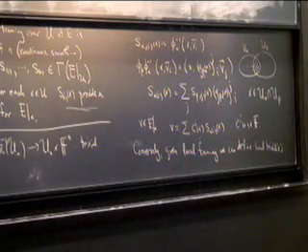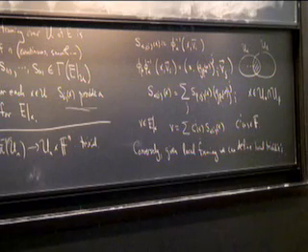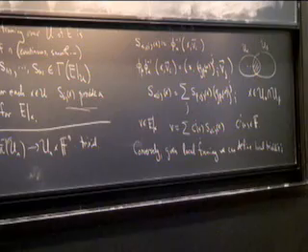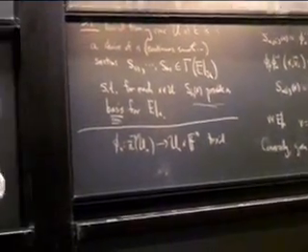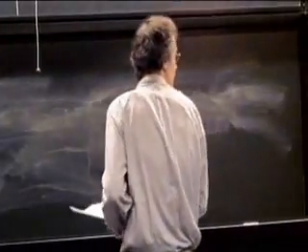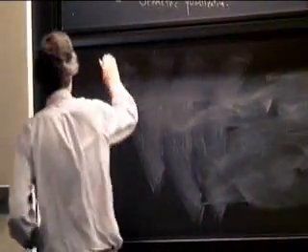Now, local framings exist because local trivializations exist. A global framing is a choice of n sections such that they form a basis for the fiber above every point. And those need not exist.